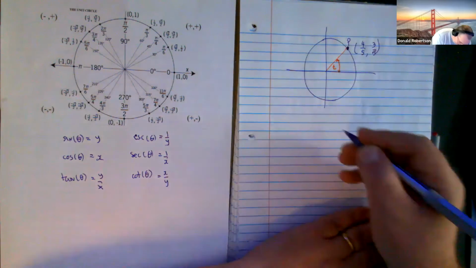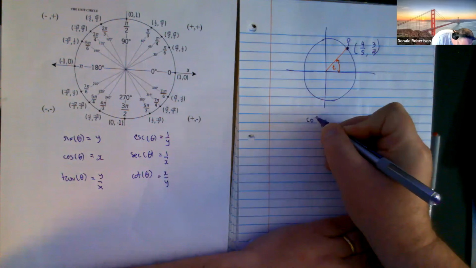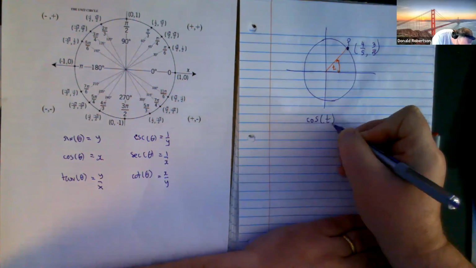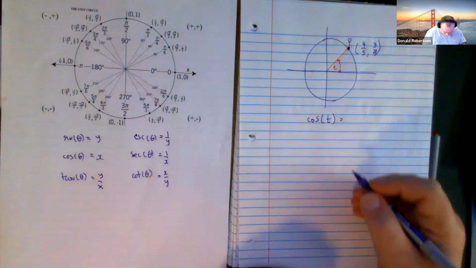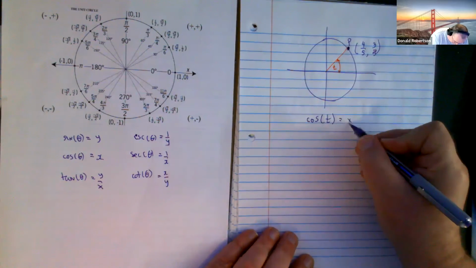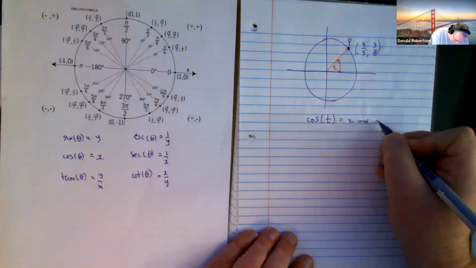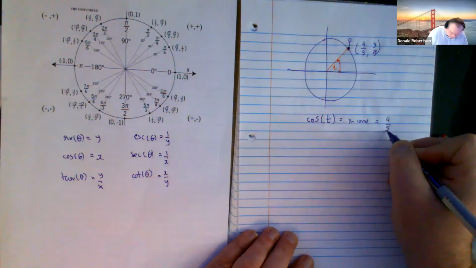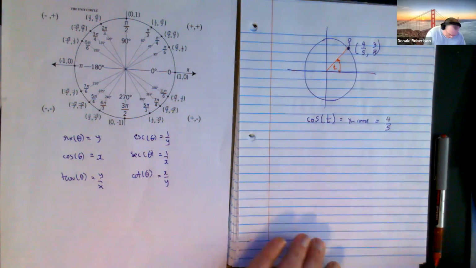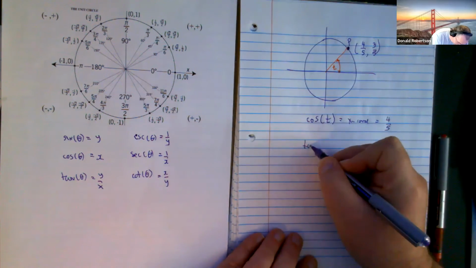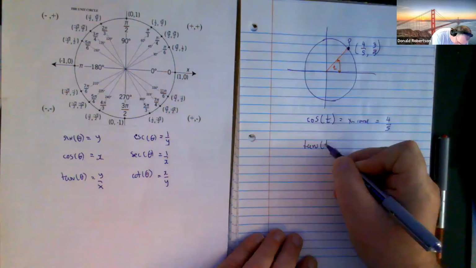So for instance, if someone said to you, what is the cosine of angle T? Are you going to say, oh, that's the x coordinate? And you're right, it's just 4/5. If I asked you, what is the tangent of this angle?